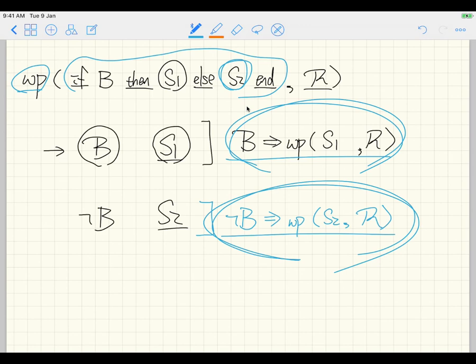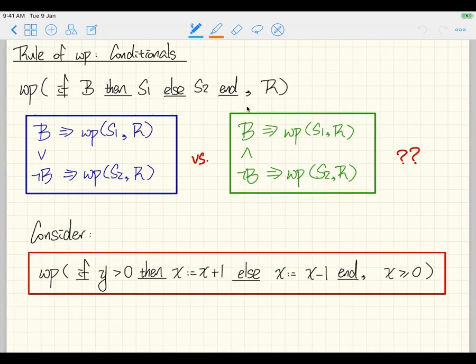Everybody comfortable so far? We got choices. Either we can combine the two using disjunction, or we can combine the two using conjunction. Intuitively, which one makes more sense to you, the blue one or the green one?